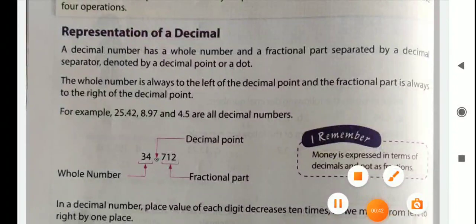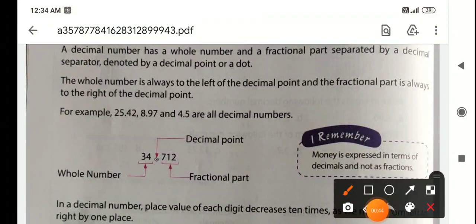For example, 34.712. Here 34 is the whole number part, 712 is the fractional part, and here the decimal point separates the whole number part and the fractional part.